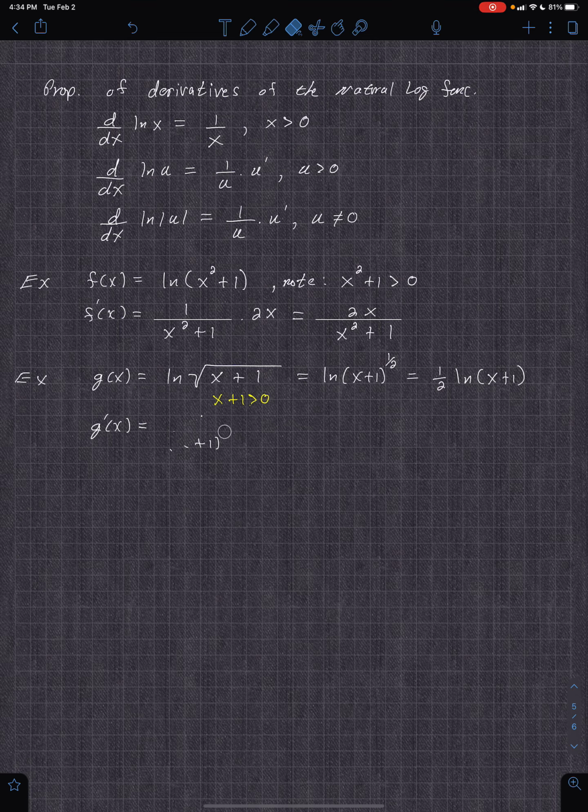Let's try that again, my notes look messed up. Okay, so you have a half, and then it's times 1 over x plus 1.